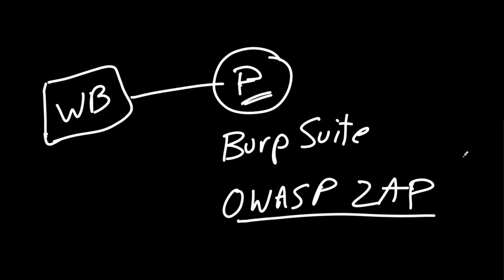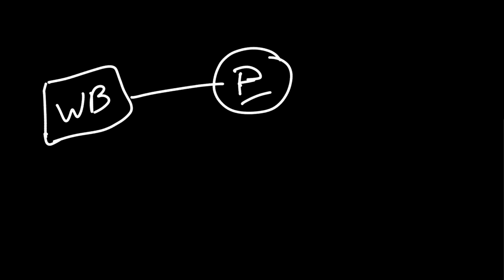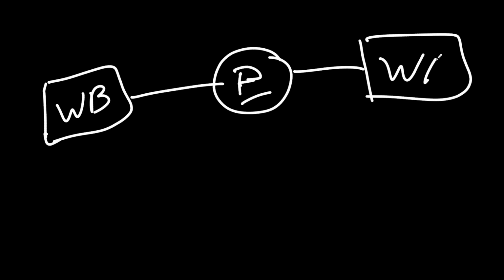So basically, the idea of a proxy, if I erase this down below, and I'm going to put here a web application. So, too many W's, but this is your web browser, the proxy, and the web application.